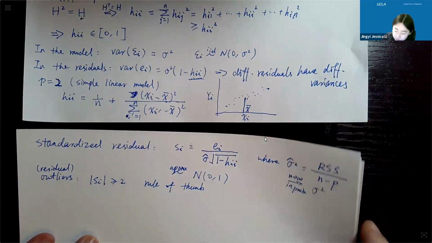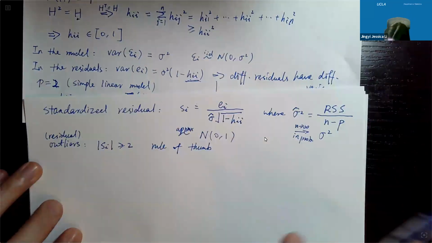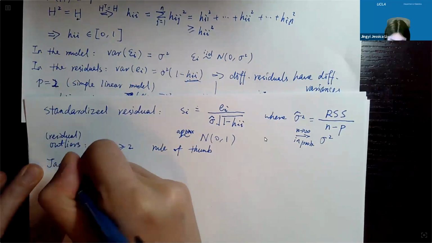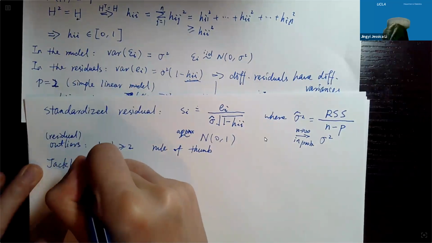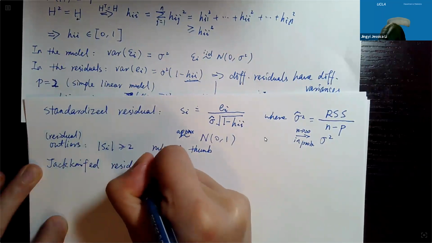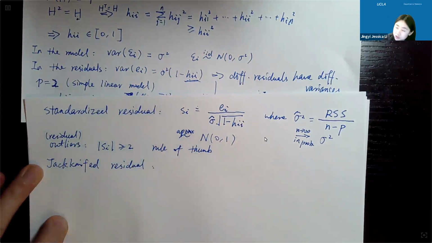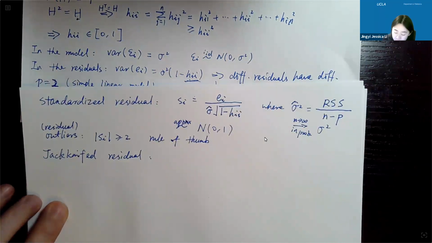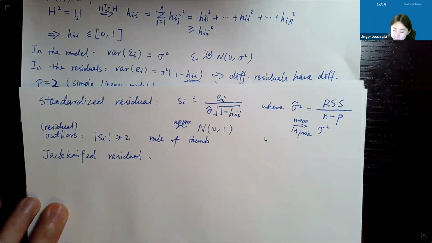So that comes to the term which we call Jackknifed residual. And I want to use this as the opportunity to introduce Jackknife. So Jackknife is a very useful statistical technique in the old times before Bootstrap became popular.